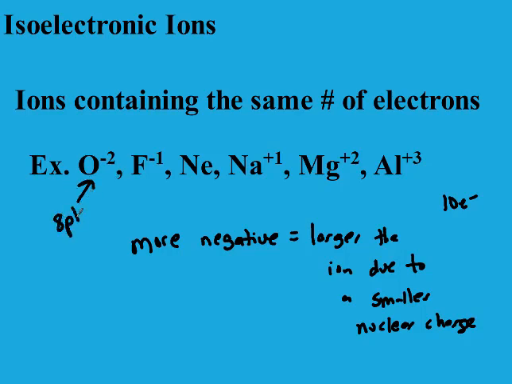It only has 8 protons and 10 electrons. So it's the largest compared to aluminum, which has 13 protons and 10 electrons. So it would be the smallest. More protons to electrons are going to pull in the electrons, making it smaller. This one has very few protons to pull in the electrons, making it very large.